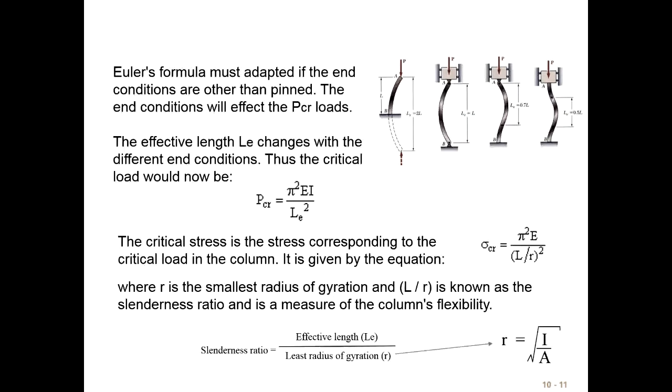You'll be given this. You can find in the texts where they look at the radius of gyration, this r, and you can pick that off a table for individual material shapes. We don't do that within this module. So when you start seeing the value r, just ignore any examples with that.